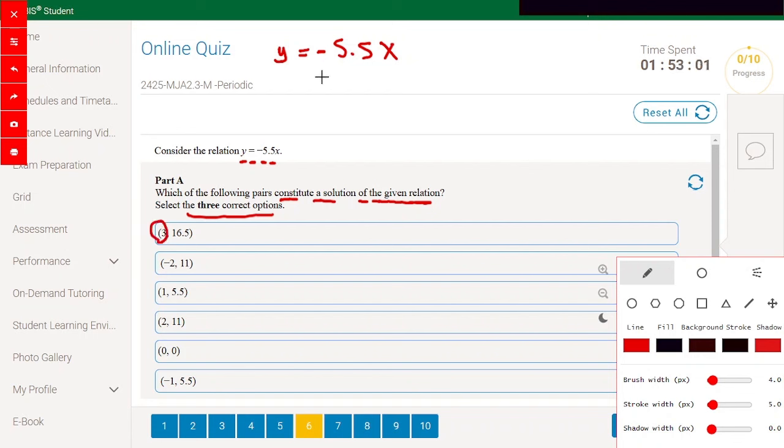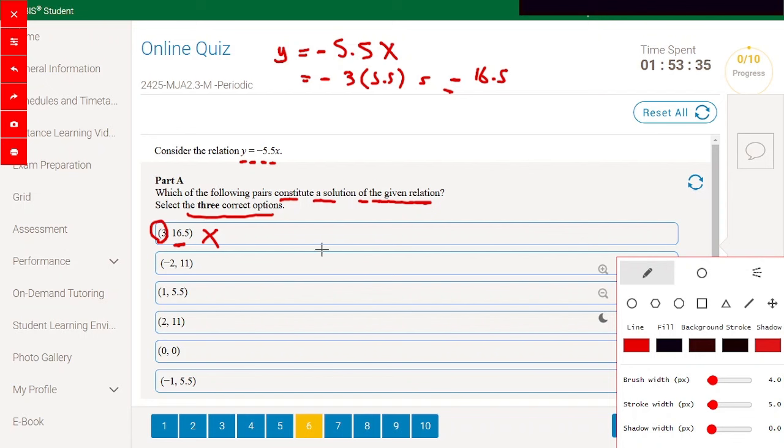So here we'll say minus 3 multiply 5.5. So the answer will be minus 16.5. So here it's 16.5, not negative 16.5. So this is not the right answer.